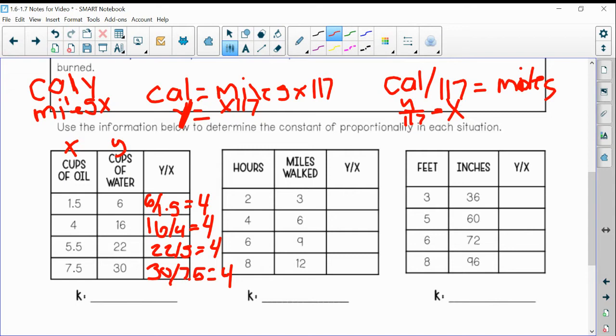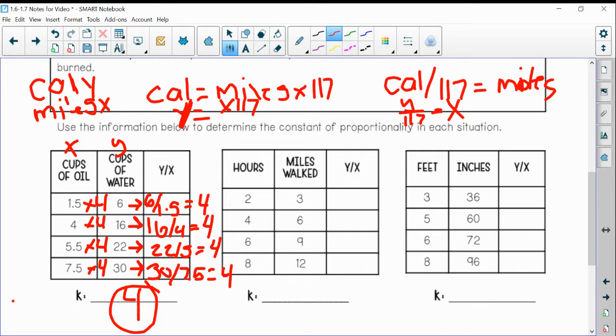The opposite. Same thing. This constant of proportionality was our y divided by our x. And once we have it, we can multiply by that constant of proportionality to figure out our cups. So that 4 is our k.